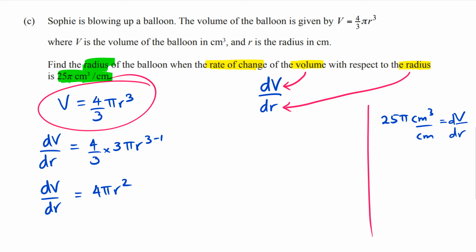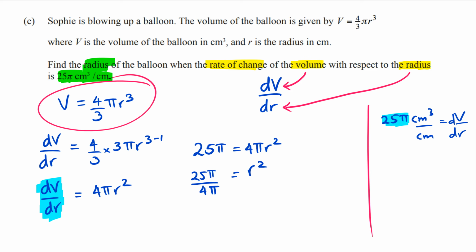So what I'm going to do is replace dV/dr with 25 pi, and that's going to help me figure out what the radius is. So writing down 25 pi equals 4 pi r squared. And rearranging everything here, I'm going to get r squared is equal to 25 pi divided by 4 pi.